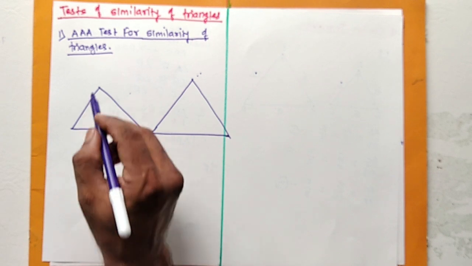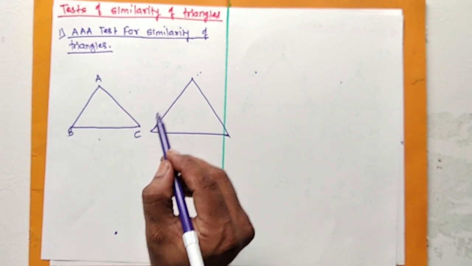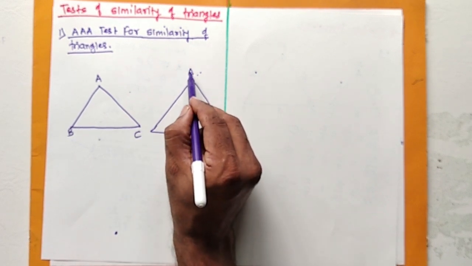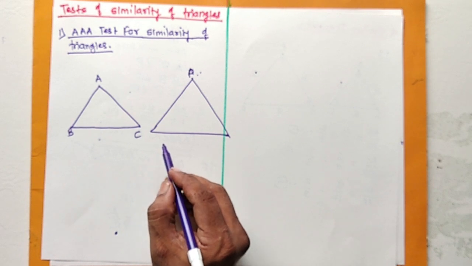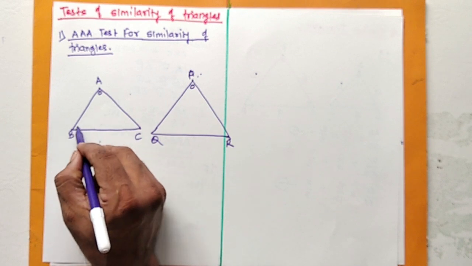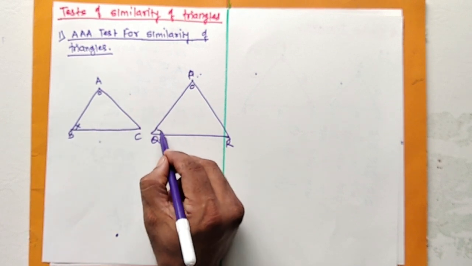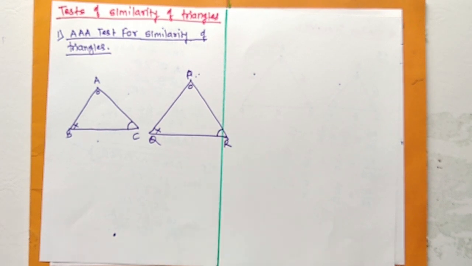The remaining 3 conditions, that is, the corresponding sides of the two triangles, are automatically proportional. Suppose angle A is congruent to angle P, angle B is congruent to angle Q, and angle C is congruent to angle R.